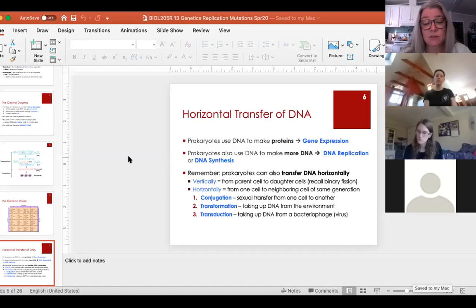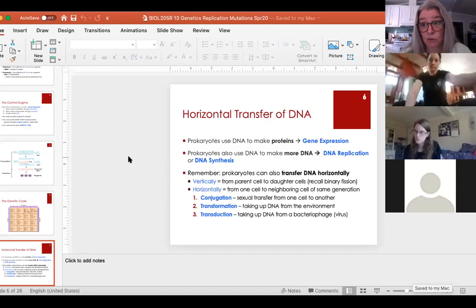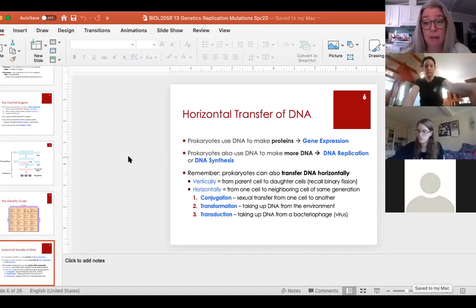But what makes microbes amazing compared to animals, at least, is that they can pass DNA horizontally as well. They can pass bits and pieces of their DNA to their neighbors. From an evolutionary standpoint, that's really useful because it helps keep them diverse.